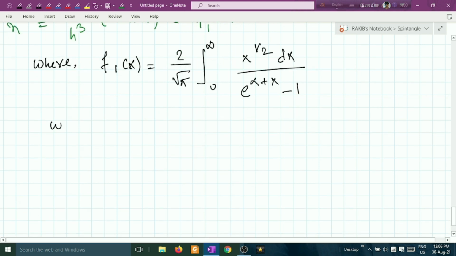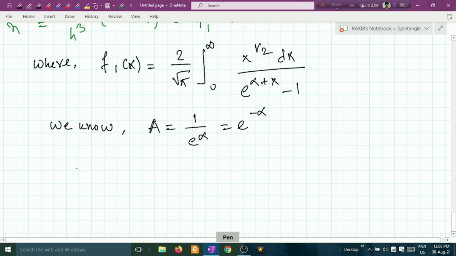We know a is our 1 upon e to the power alpha, that is e to the power minus alpha is a from our previous lecture.